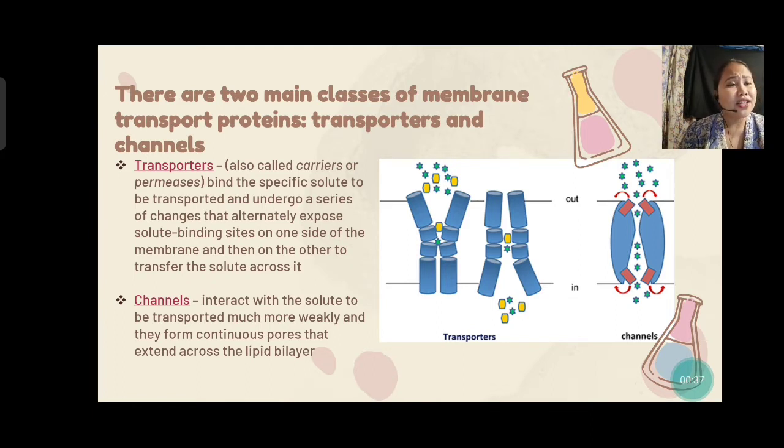While the channels don't bind the specific solute. Instead, they interact with the solute to be transported much more weakly, and they form continuous pores that extend across the lipid bilayer.